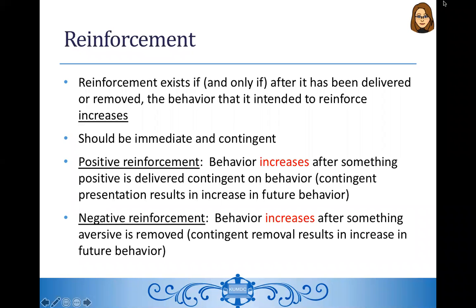And that contingent presentation results in increase in future behavior. Negative reinforcement is when behavior increases after something aversive is removed, and the contingent removal results in increase in future behavior. So we want to make sure that our reinforcement is reinforcing and that it is immediate and contingent.